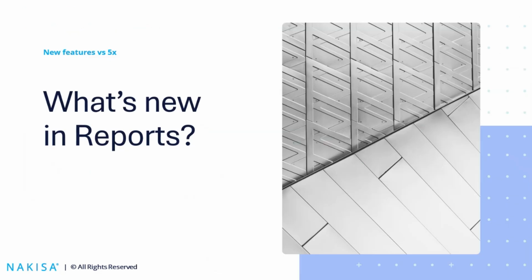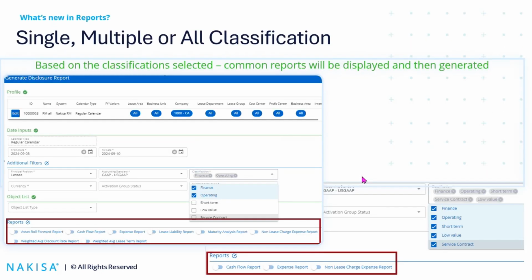What's new in the report? As I mentioned before, we can run the reports for single, multiple, or all classifications, which was not there in the older version that we were on.